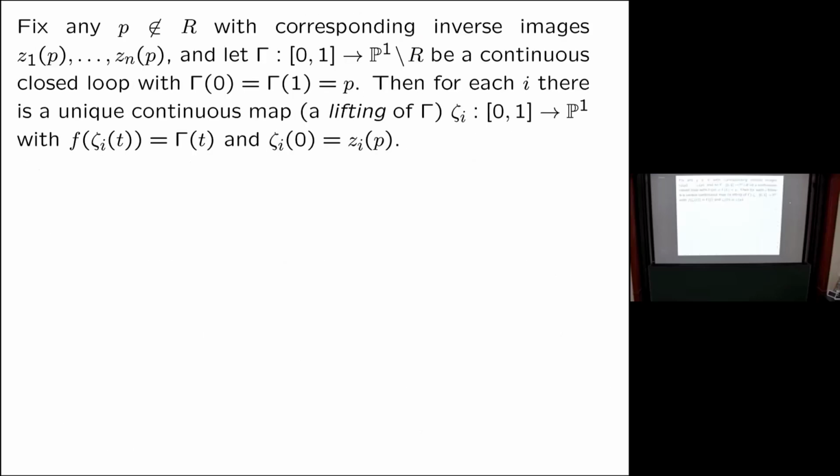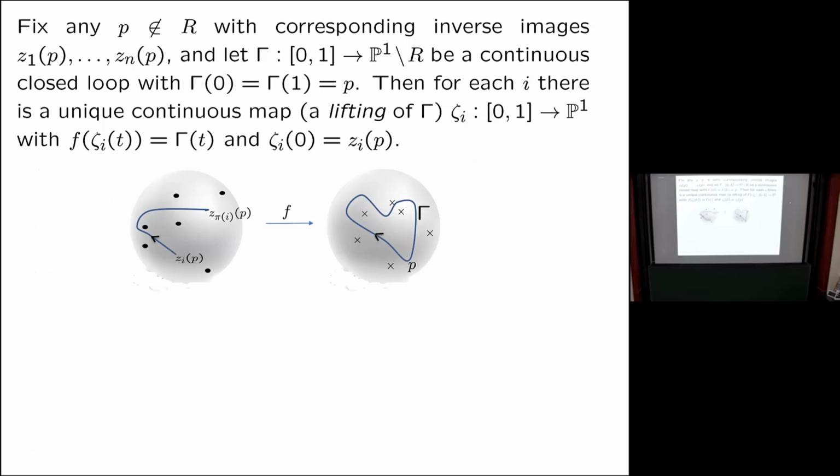Okay, so now let's fix a picture first of all. Let's fix a p which is not a critical value. Here's the Riemann sphere, and these black dots are the critical points. The images of the critical points are the crosses, the critical values.